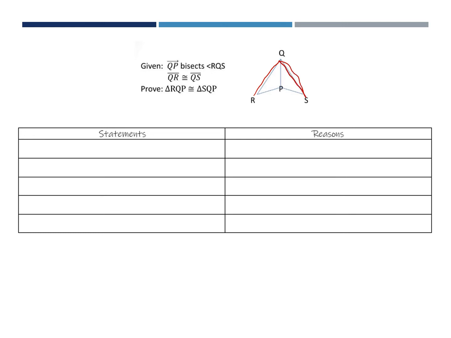Okay, now when you're doing a proof, you want to look at what your end goal is, and our end goal is to prove those triangles are congruent. Okay, so QP bisecting that is our given. Okay, bisecting, remember, means that it cuts it in half, right?